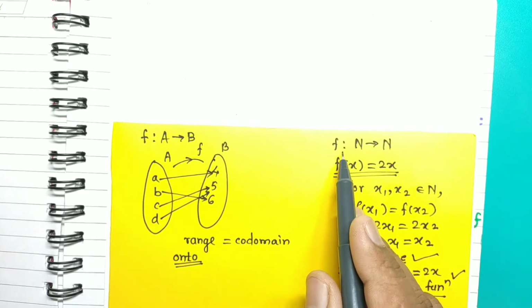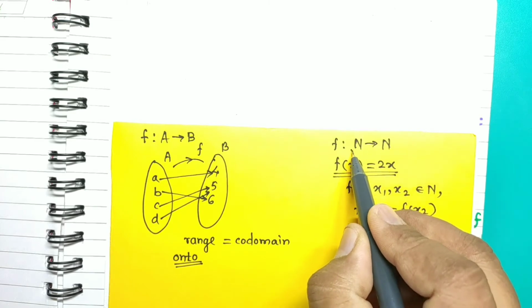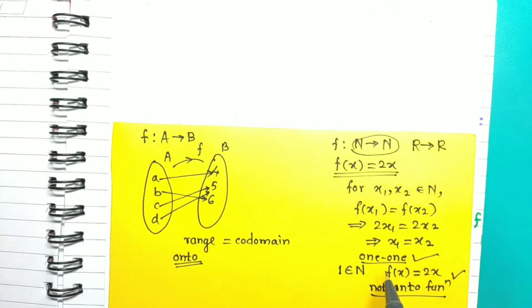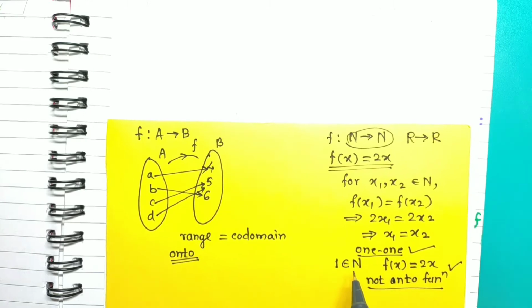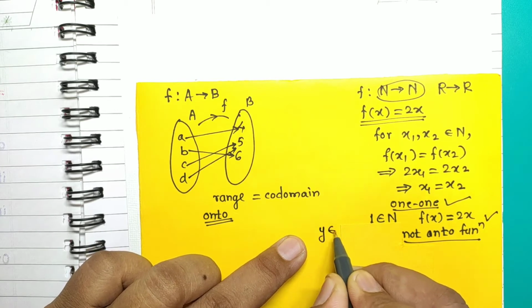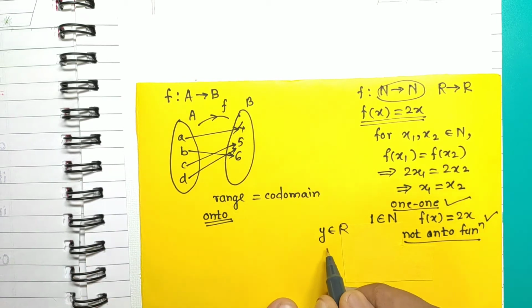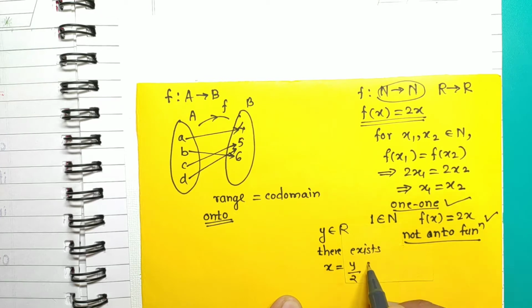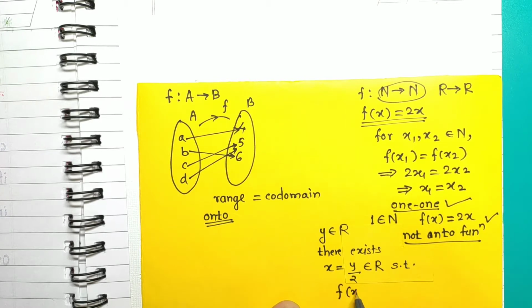If we define this function from R to R instead of N to N, then it will be 1-1 and also onto. See how: for any real number y, there exists x equal to y by 2 belonging to R such that f of x is equal to f of y by 2.